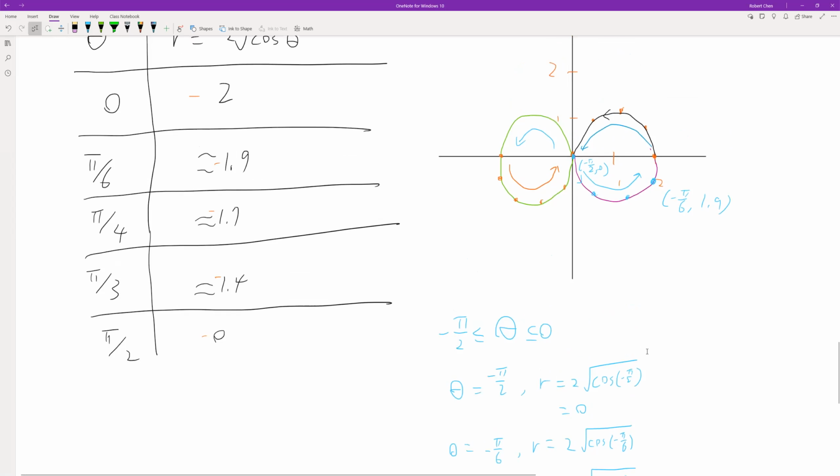So on the right-hand side, this circle is actually the positive part of r equal to 2 cosine theta, where theta is between negative pi over 2 and pi over 2. Right, on the left-hand side, we have r is equal to negative 2 cosine theta, and theta is as well from negative pi over 2 to pi over 2.